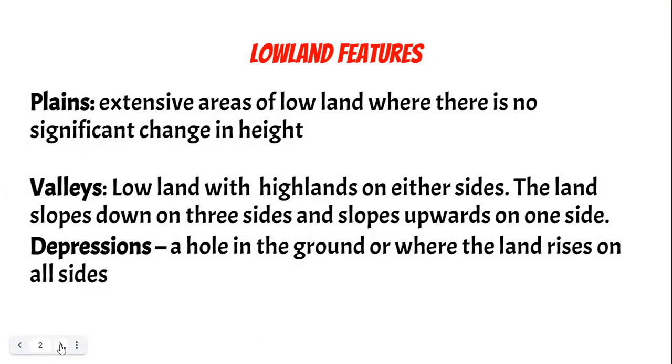Valleys are lowland with highlands on either side. The land slopes down on three sides and slopes upwards on one side. A depression is a sunken land. It's a hole in the ground, or it is where the land is rising on all sides.